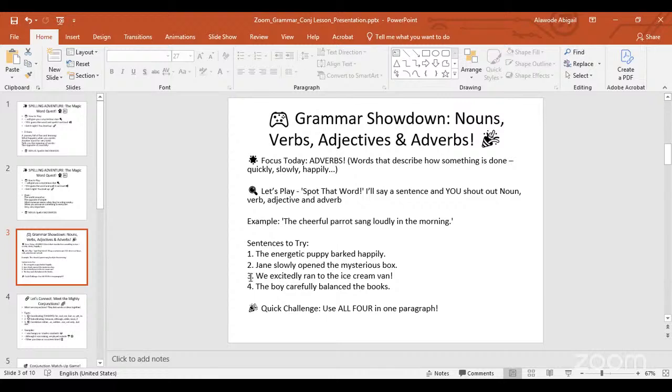Hello? Yeah, I heard you. Okay. Number 4. The boy carefully balanced the books. Boy, noun; carefully, adverb; balanced, verb; books, noun.